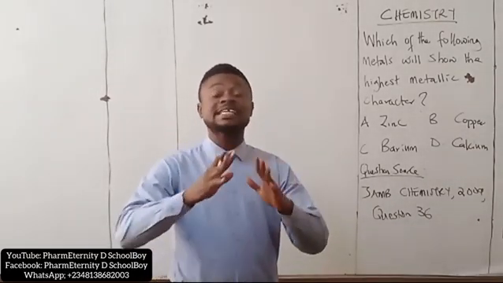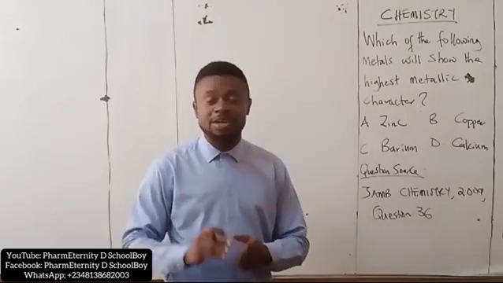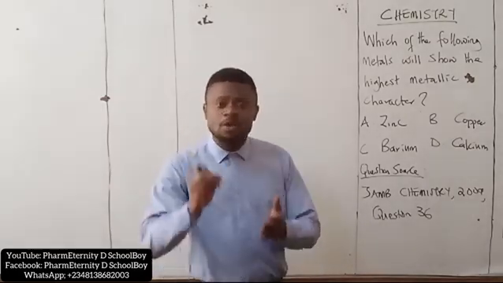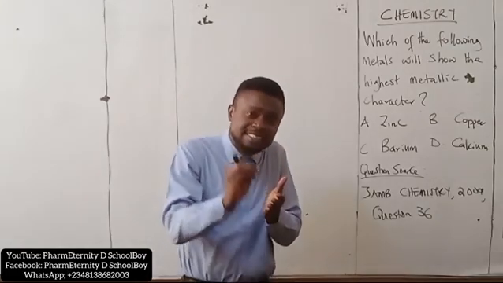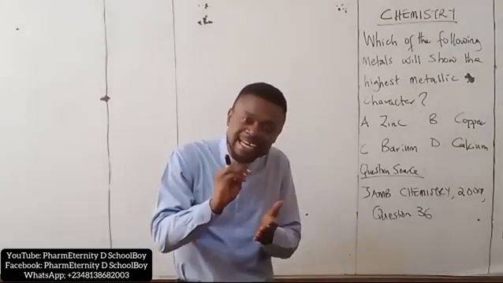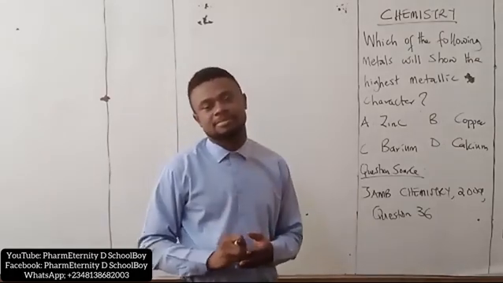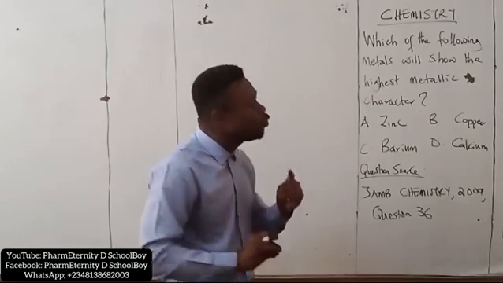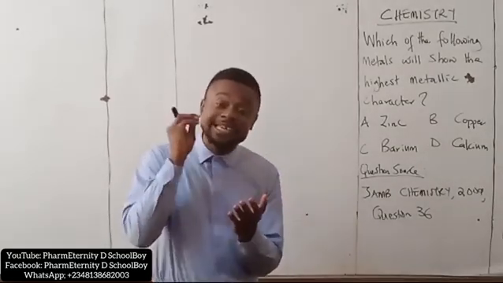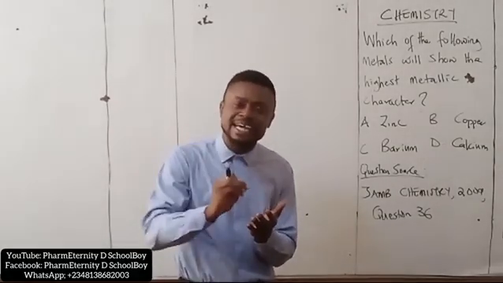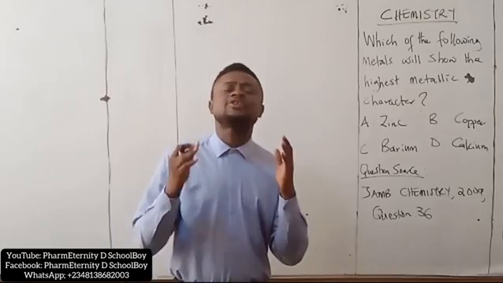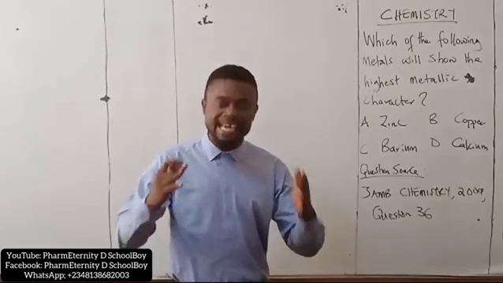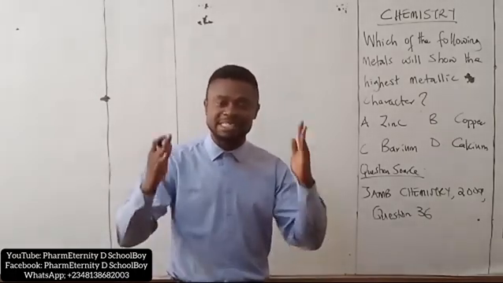For us to answer this question accurately, the first thing we need to look into is what gives an element its metallic property. What can you see in an element that makes you say, yes, this element is a metal?